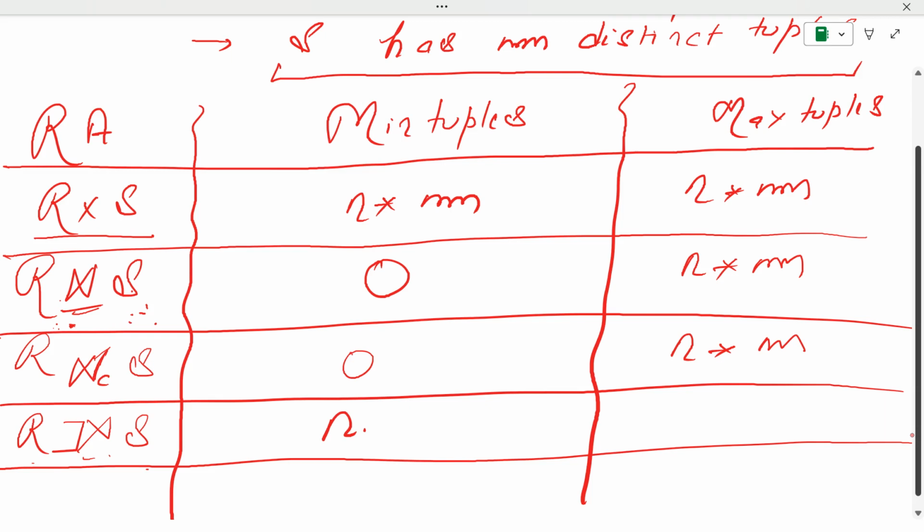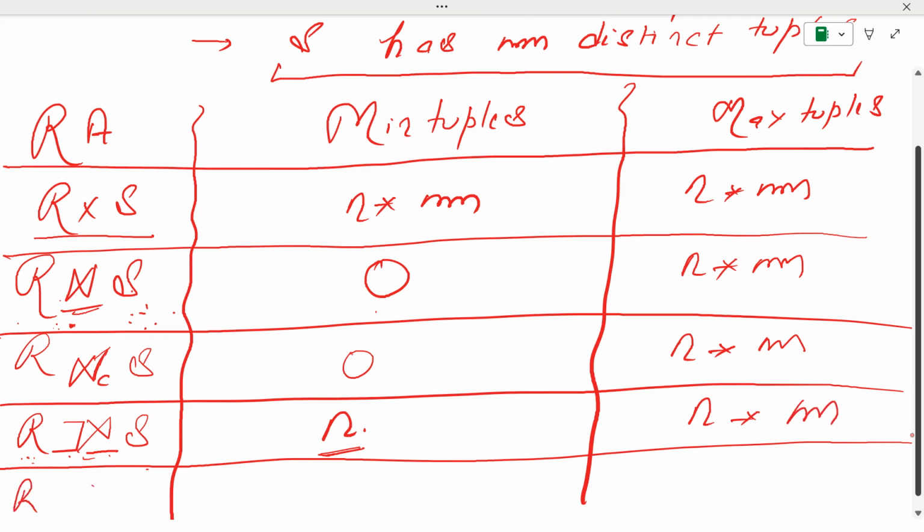But if we apply a condition and that condition fails, it will be 0. Similarly for the left outer join of R, if we have 0 minimum tuples for the natural join of R with S, but we are also including the tuples from R, the minimum can be n, and the maximum can again be n into m.